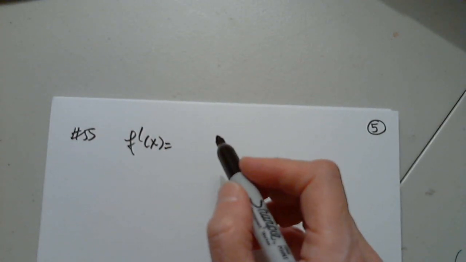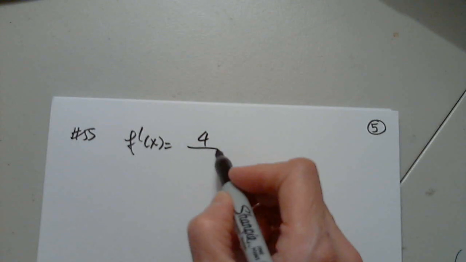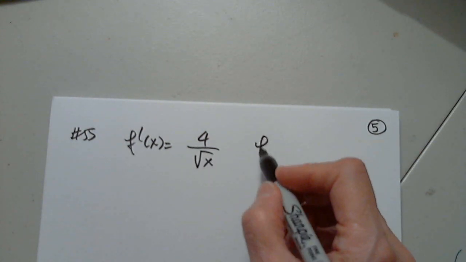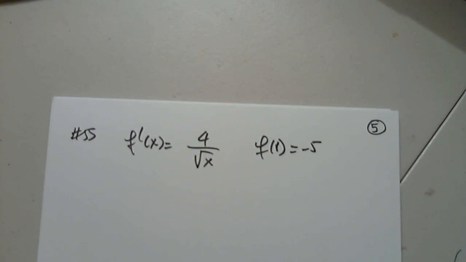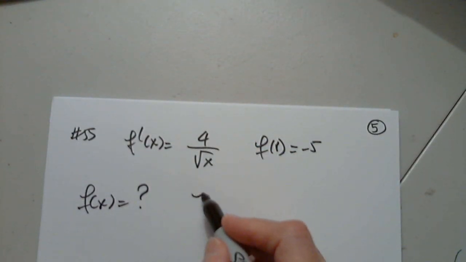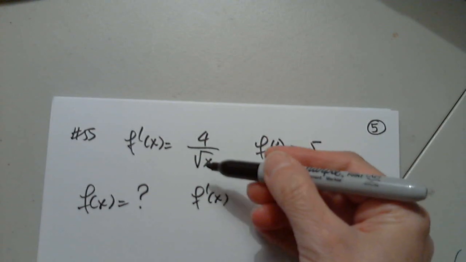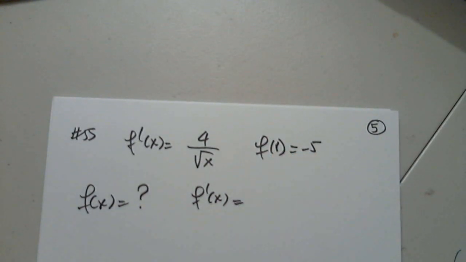F prime of x equals 4 over the square root of x, and we are told that f of 1 is -5. In order to find f of x, that's the question, I have to change this into what? How will you change 4 over the square root of x to make it easier to integrate or find the antiderivative?